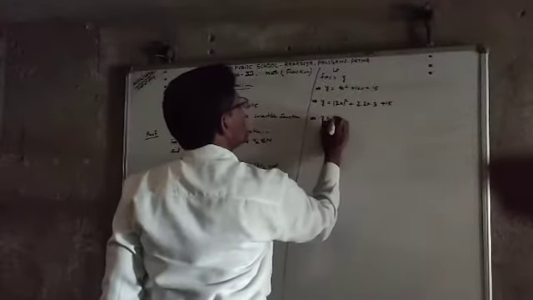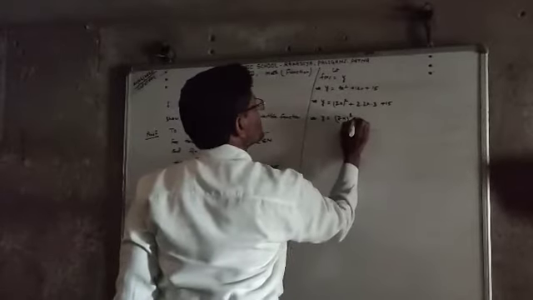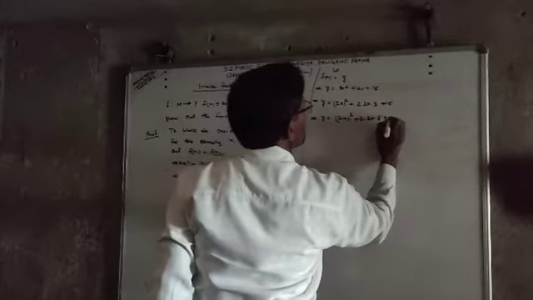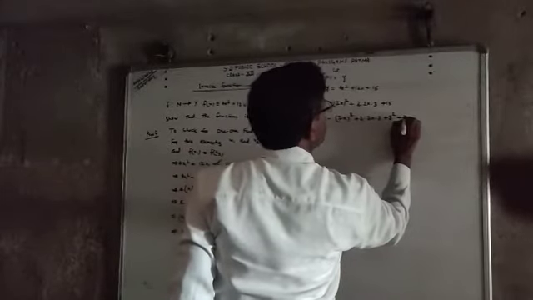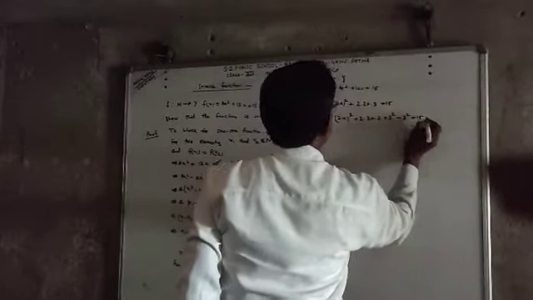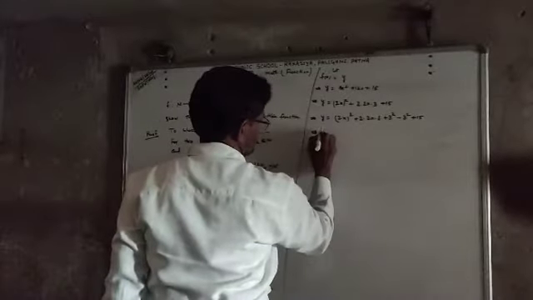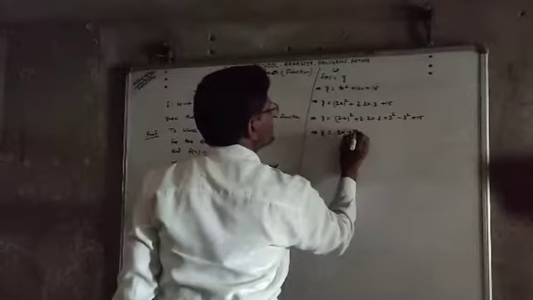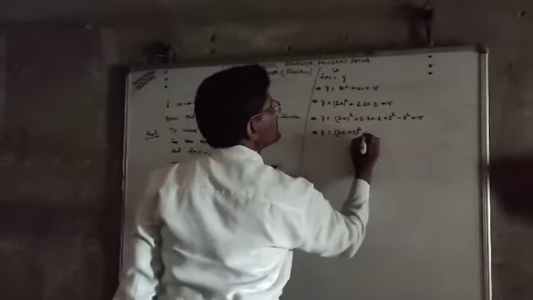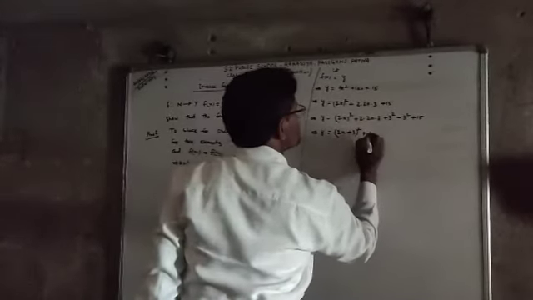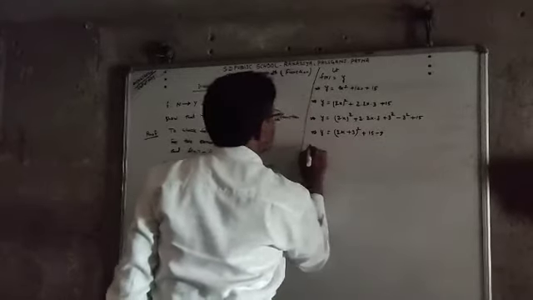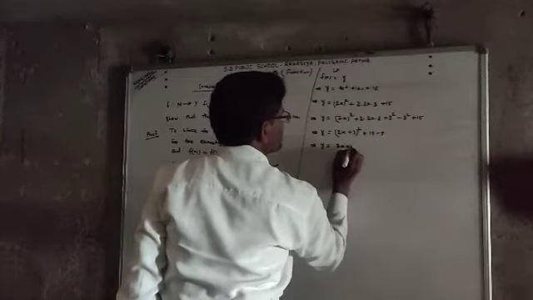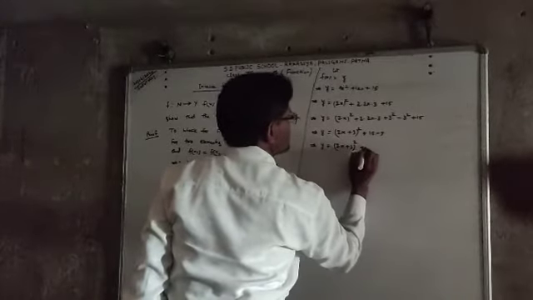This implies y is equal to (2x) whole squared plus 2 into 2x into 3. We can add 3 squared and subtract 3 squared in the expression. This implies y will be equal to (2x plus 3) whole squared plus 15 minus 9. This implies y is equal to (2x plus 3) whole squared plus 6.